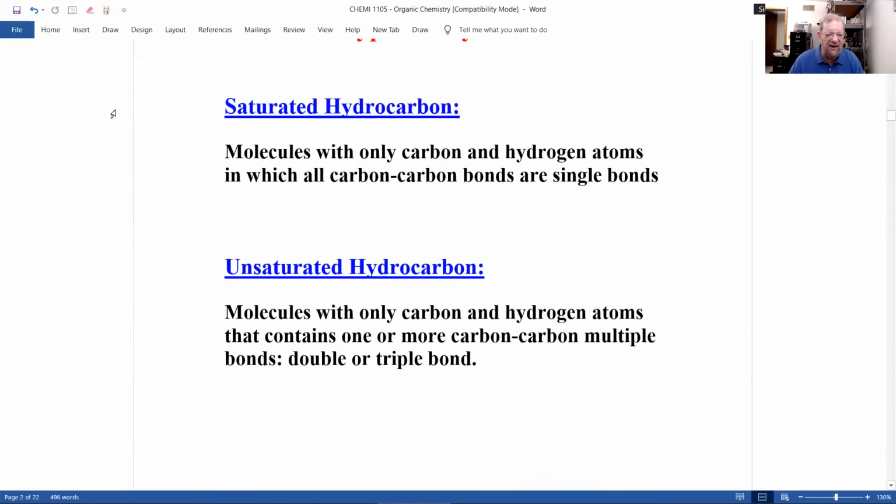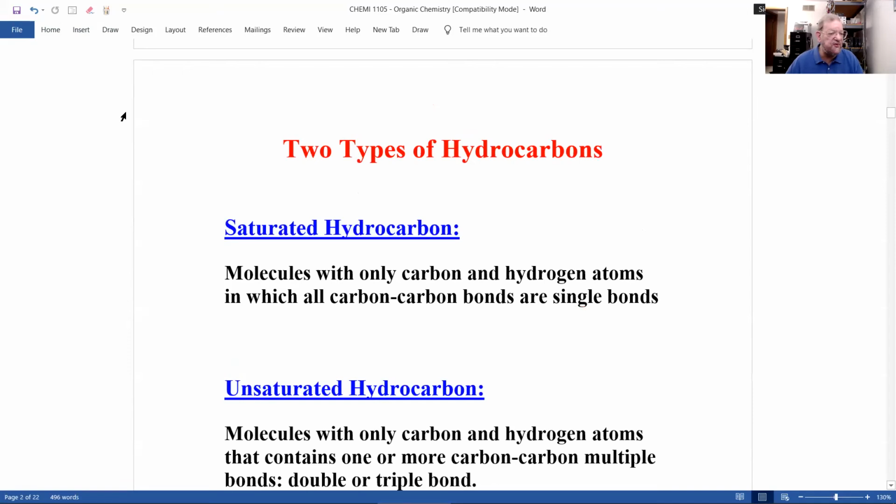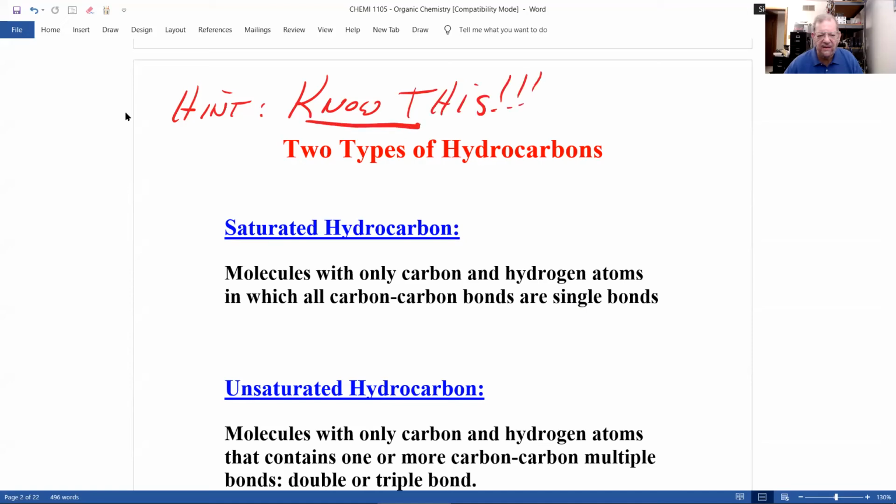Now, when we talk about hydrocarbons, there are two types. The first type we call saturated hydrocarbons. If it's a hydrocarbon, that means it's a molecule with only carbon and hydrogen atoms.